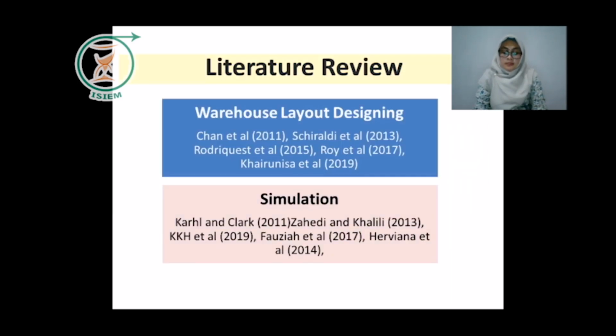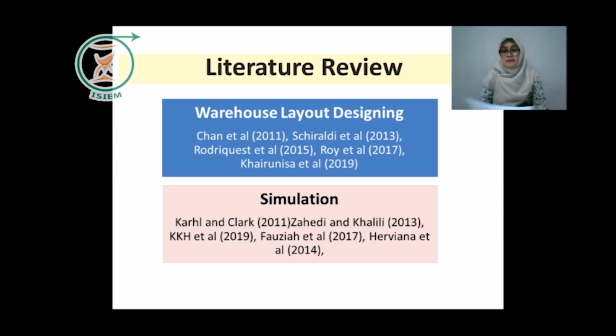This research began by conducting a literature review on 2 main materials, including warehouse layout designing and simulation using Pro Model. Based on the result of literature studies, the warehouse is a support facility that has an important role in production system, and the previous study about simulation showed that Pro Model is also a powerful simulation tool for solving manufacturing and service system problems.